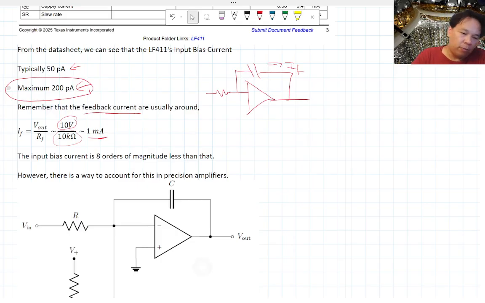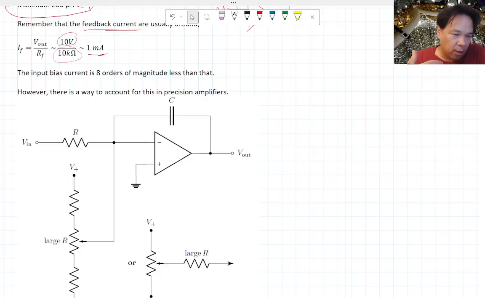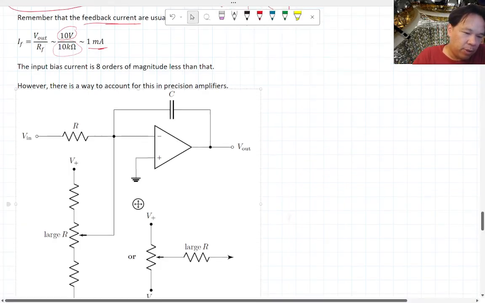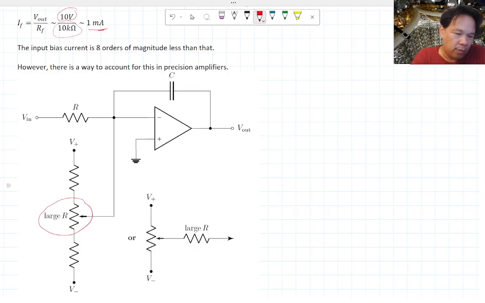Before we tell you what that problem could be, there is a way to fix this. The way you fix this is by putting in a variable voltage supply at your input, because there's a little bit of current leaking in here, since you have to keep sampling the voltages. What you do is connect this potentiometer, also known as a variable resistor.